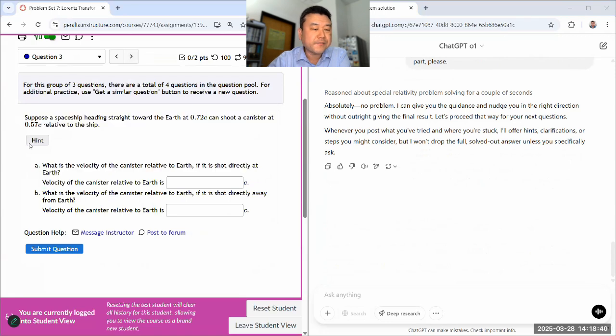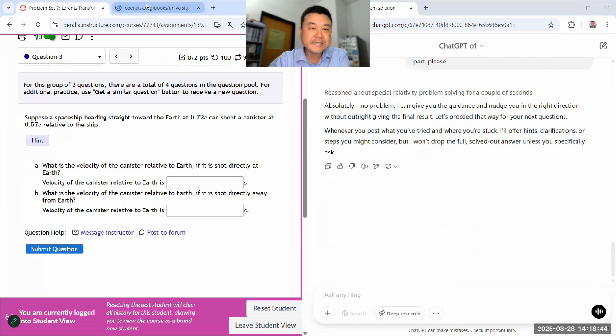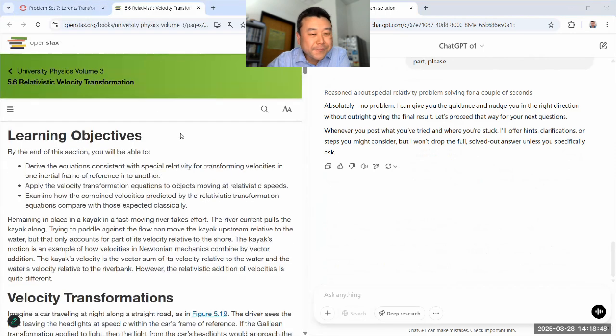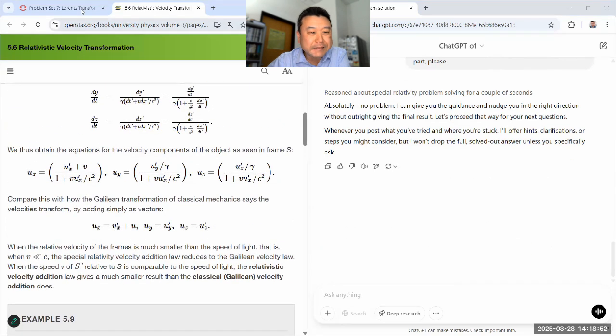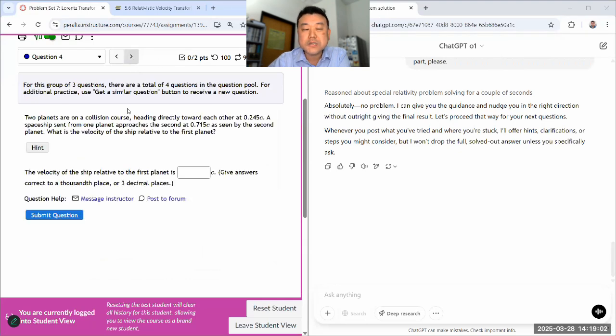These velocity transformation questions feel easy to me because it's just plugging numbers into formulas. I wonder if there's a mistake I can make while I plug in the numbers into the formulas. I don't know. Let me go looking for a more substantial question that I like better.